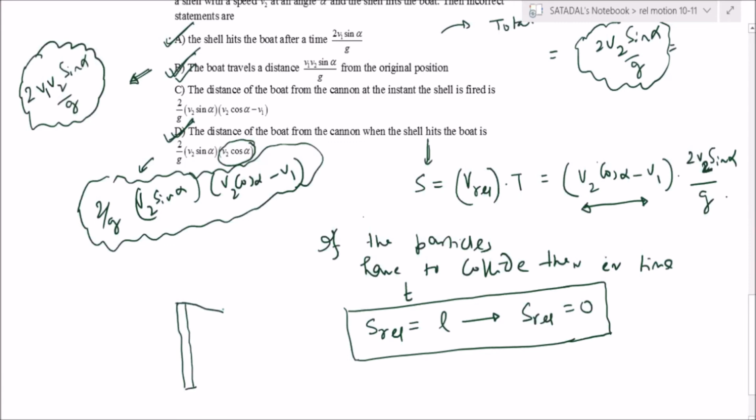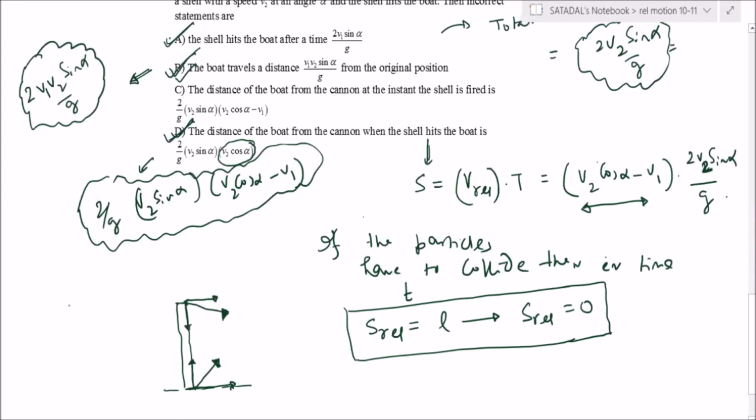Suppose a particle is projected like this from the top of a tower, and another particle is projected like this from the bottom of it. One will cover some x distance, the other will also cover some x distance. One is covering y there, the other is covering y there.